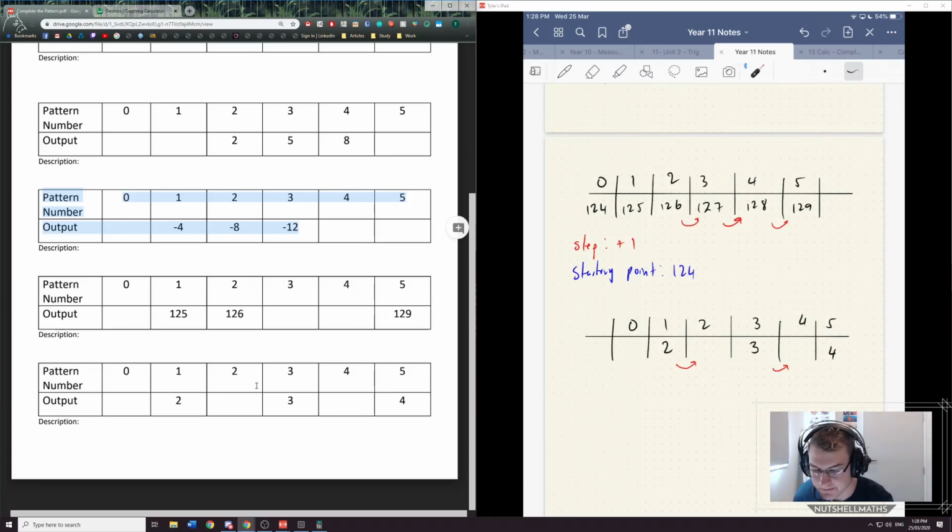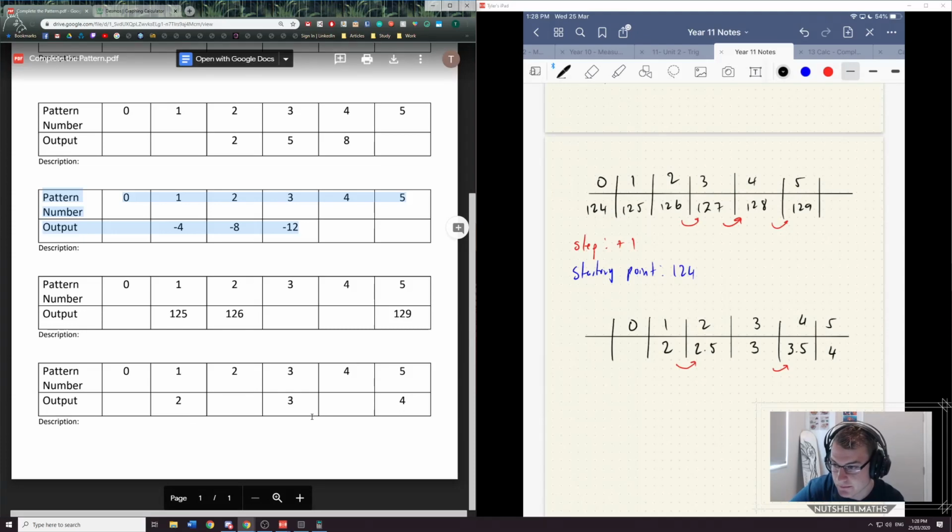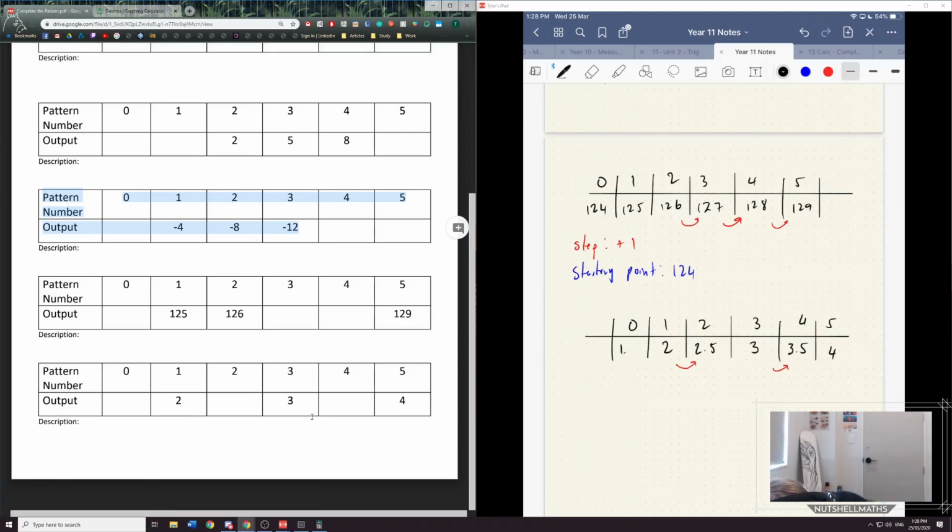Good, Jam. Here we go, here's some answers now. So we can see that it takes 2 patterns before we move up by 1, which means that we're going up by a half each time. I'll write it as half or 0.5. Okay?